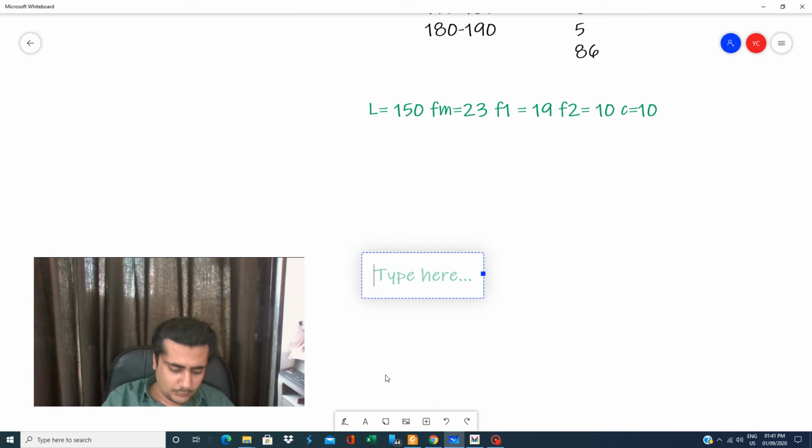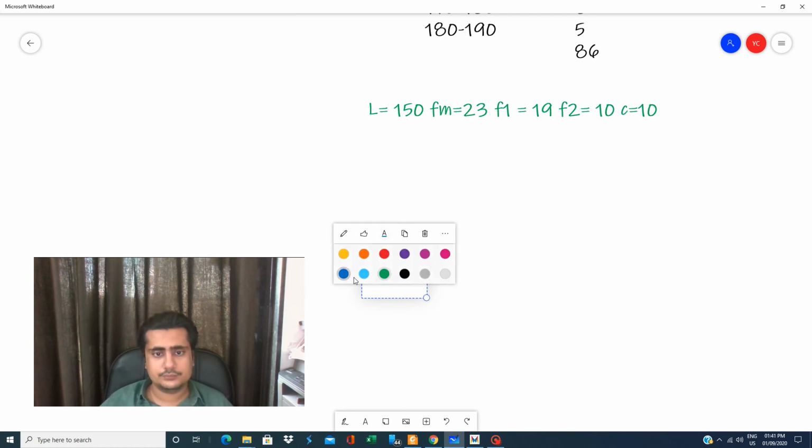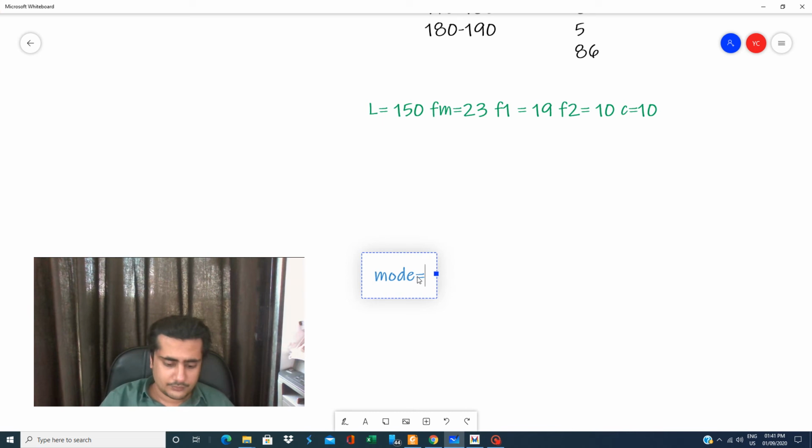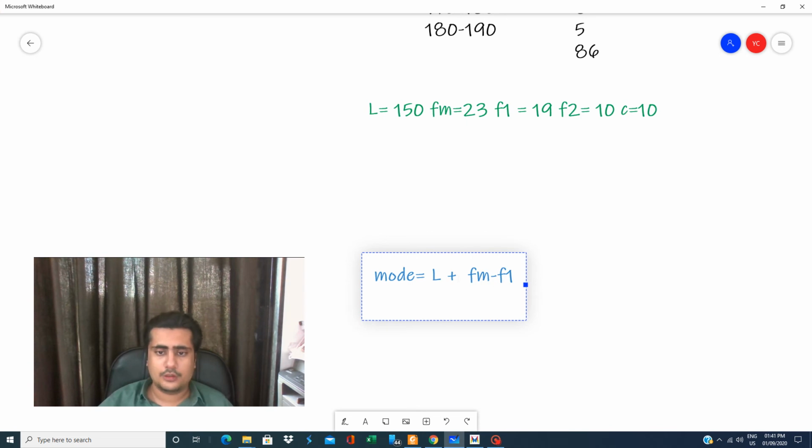Now let us find the mode. Mode is equal to L plus (Fm minus F1) upon (2Fm minus F1 minus F2) into C.